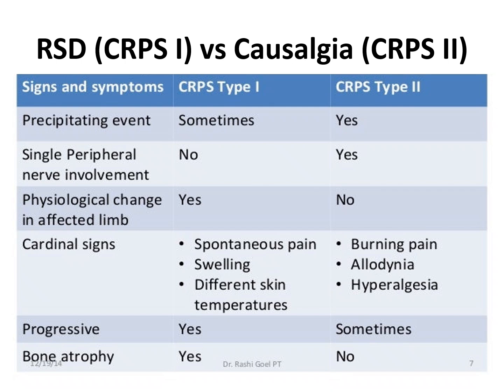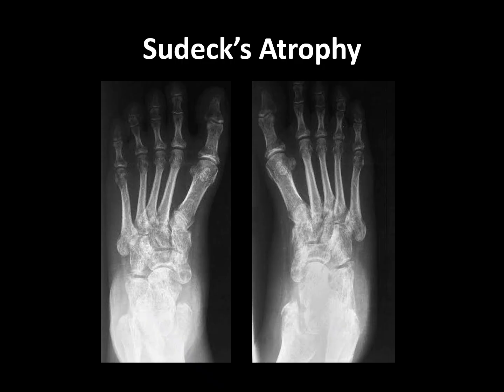As I said, I am not going to be testing you on whether this is CRPS1 or CRPS2 because that is not the kind of detail, but this is just in case you are looking at trying to differentiate this for your own sake. This is what Sudeck atrophy looks like. There is one bone here in which it is more blurred.